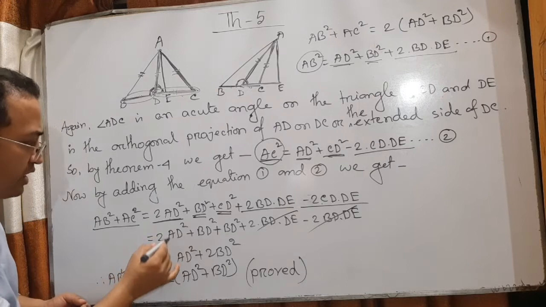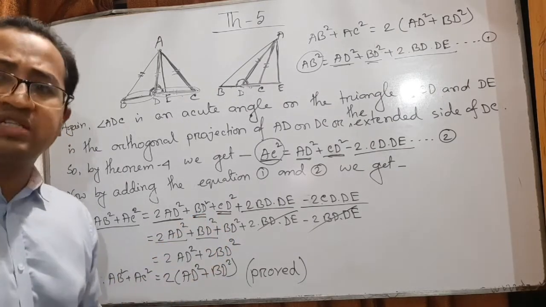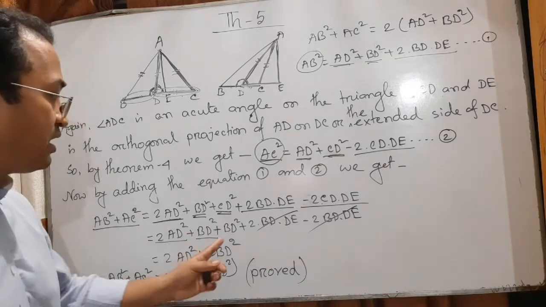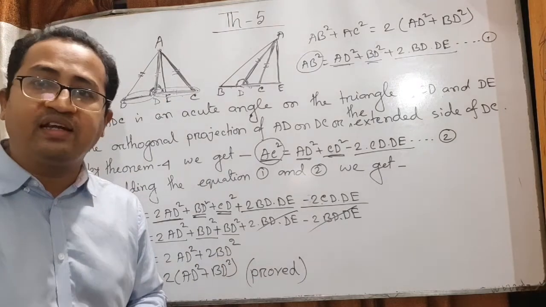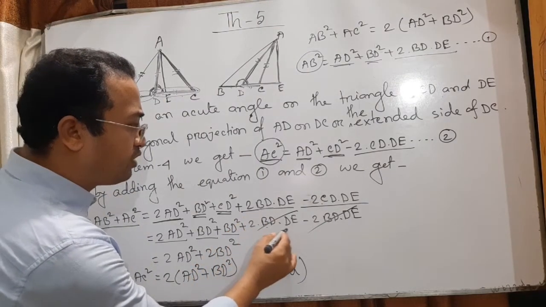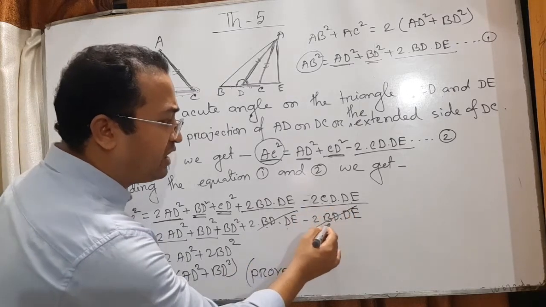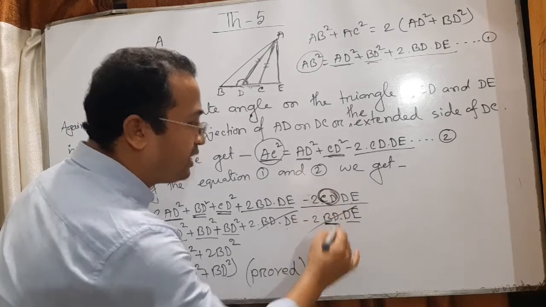So now look, 2AD square, BD square, and instead of CD we can use over there BD, because CD and BD are equal. Then 2BD into DE minus 2CD into DE becomes 2BD into DE minus 2BD into DE. Instead of CD, we use BD.